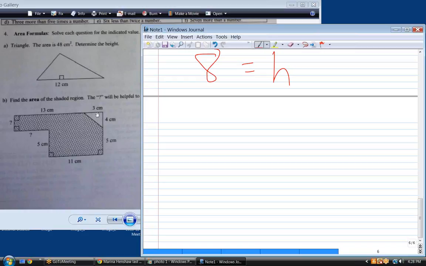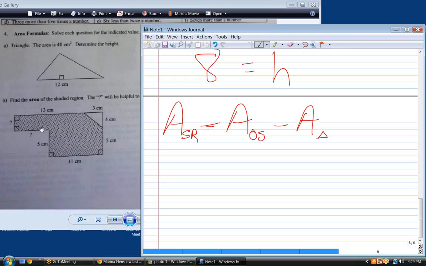And we can figure out the area of this white triangle. So the area of the shaded region is equal to the area of the outside minus the area of the triangle. Right? So everything that's shaded minus the area of the triangle? No. Everything on the outside minus the area of this triangle will give us the shaded region.